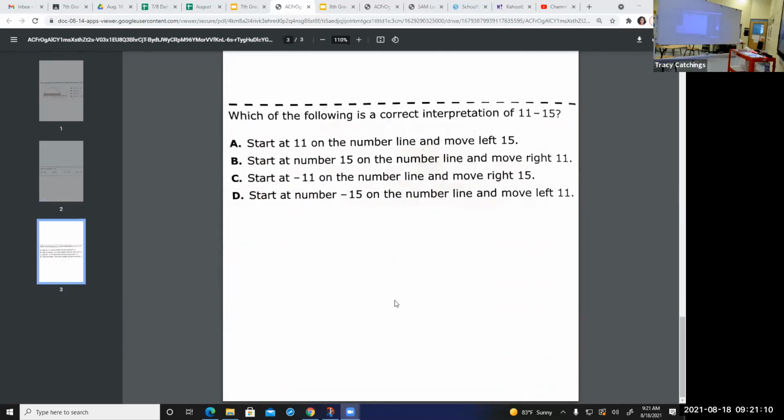All right, number 3 asks, which of the following is a correct interpretation of 11 minus 15? Does someone want to talk us through this problem? All right, somebody want to give us your answer?